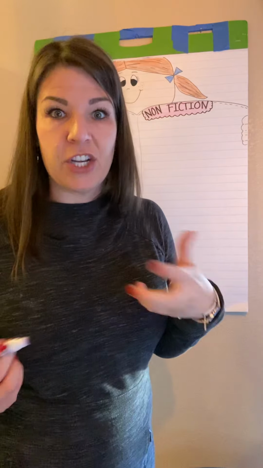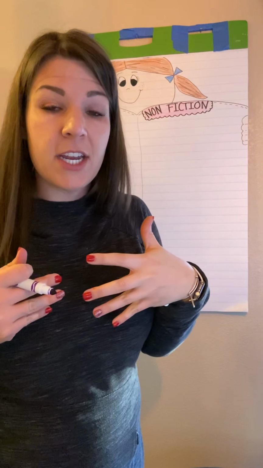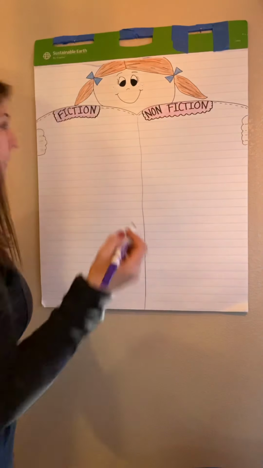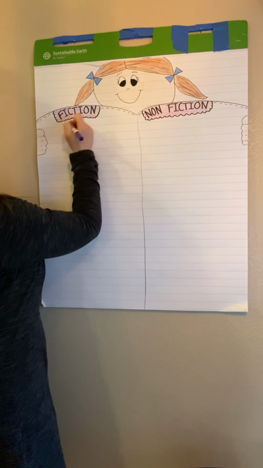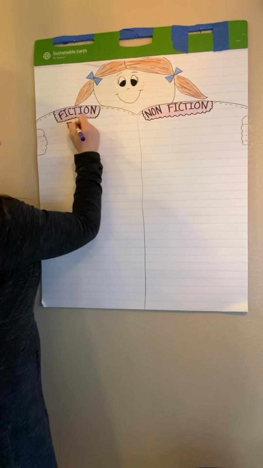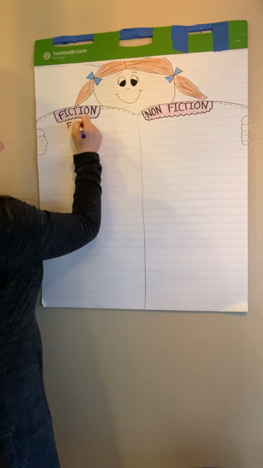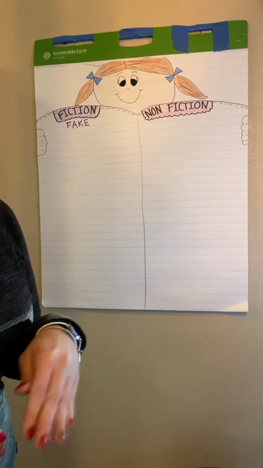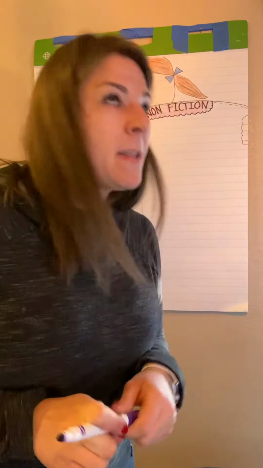The very first thing I want to say about fiction, this is what helps me remember what fiction is: fiction is fake, okay? So fiction, and I'm going to write it right here, fake. Fiction is fake. They are not real, okay? The purpose, the reason that we read fiction books, is to entertain us.